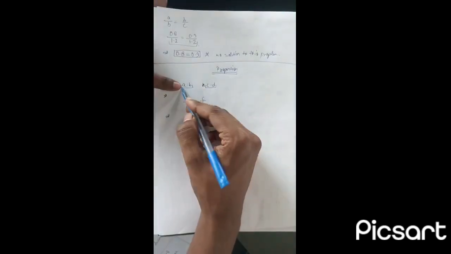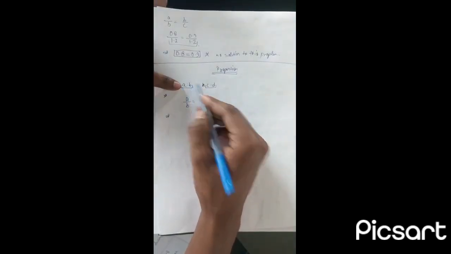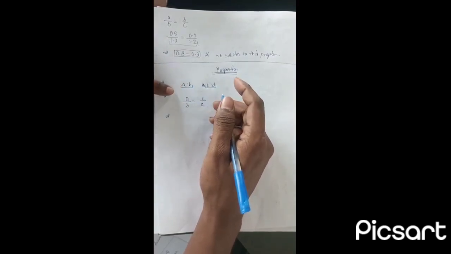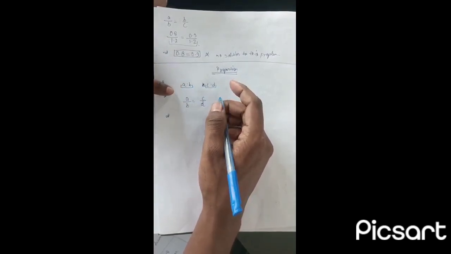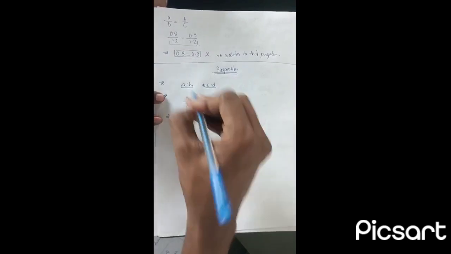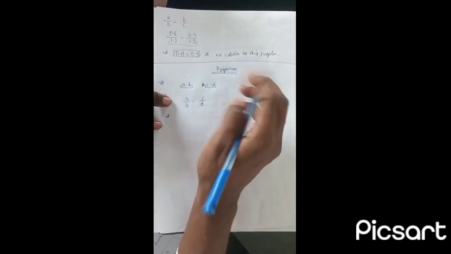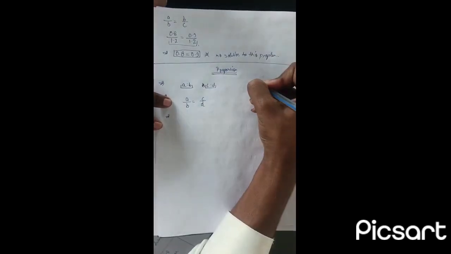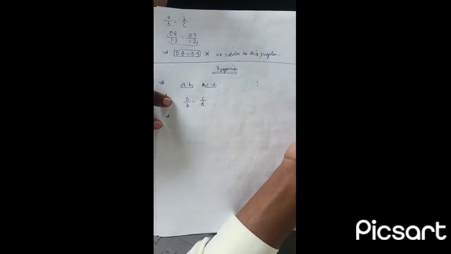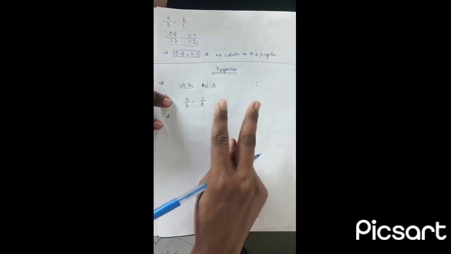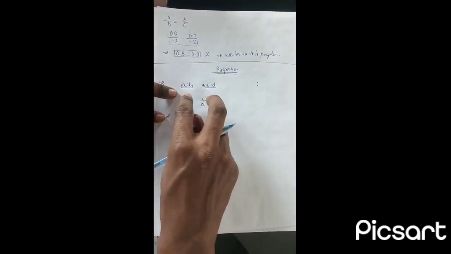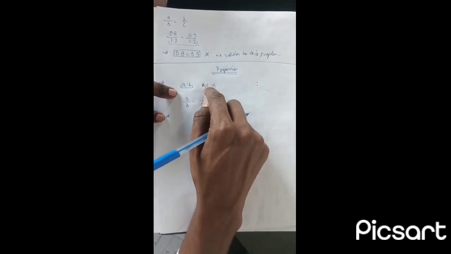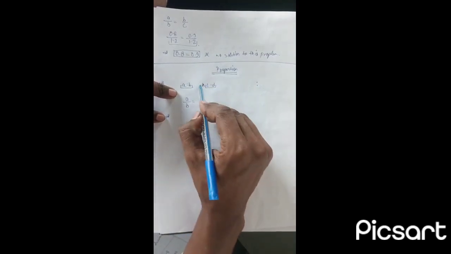Suppose here it is A is to B and C is to D. Here one more sign will be added. Like I told you, a ratio had a sign like this, and proportion is when the ratio between the two ratios will be equal.